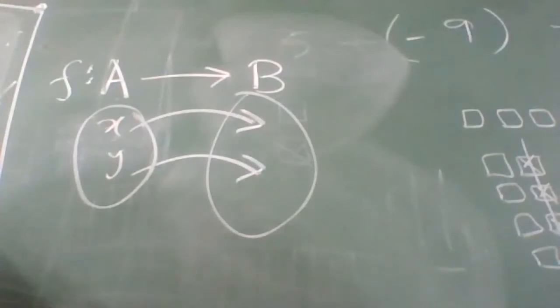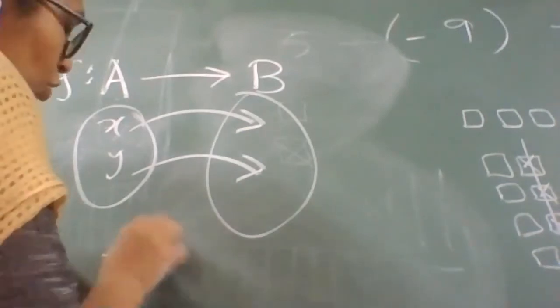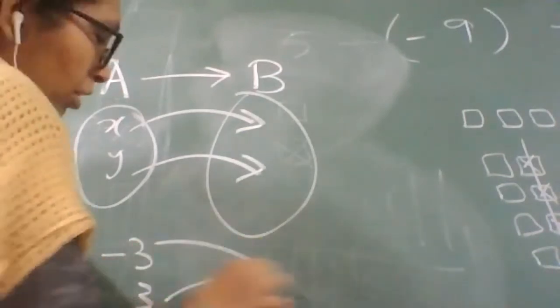For example, when you square integers, that is not one-to-one because -3 and 3 both go to 9.